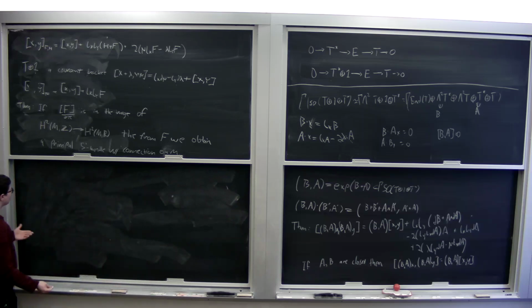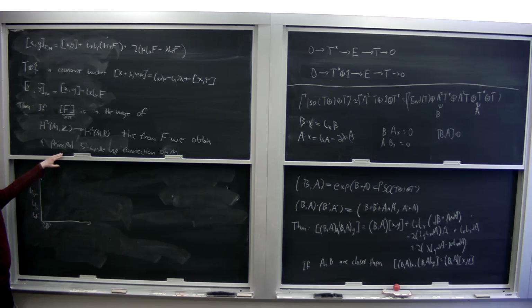Well, let's start with just talking about what this principal S1 bundle is locally, right? So I have the sheaf of U1 valued functions and the Čech complex here, U_i, U_ij, U_ijk.